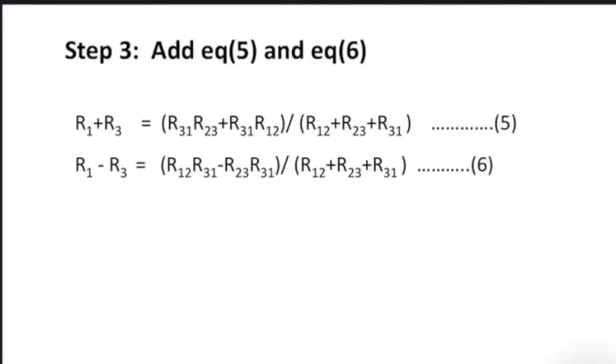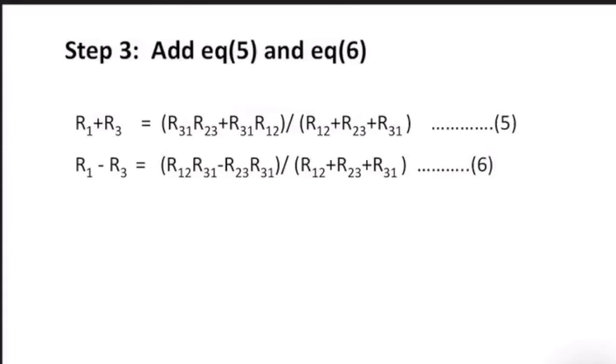Okay, now step number 3. This is your final step. What are we going to do? We will add equation number 5, that is our remaining equation which we have calculated, and equation number 6, which we have just calculated in the previous step.